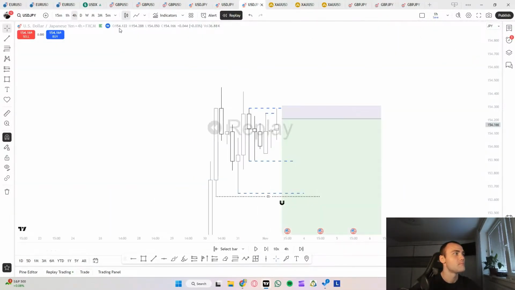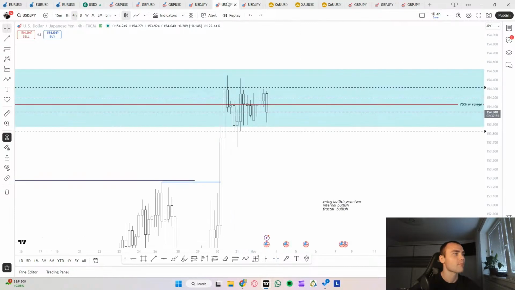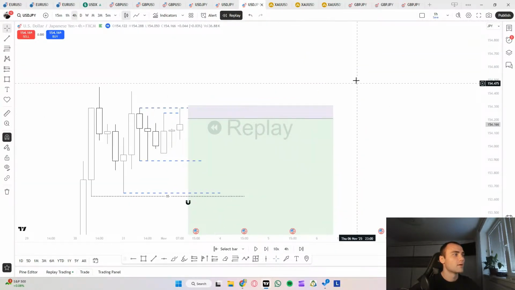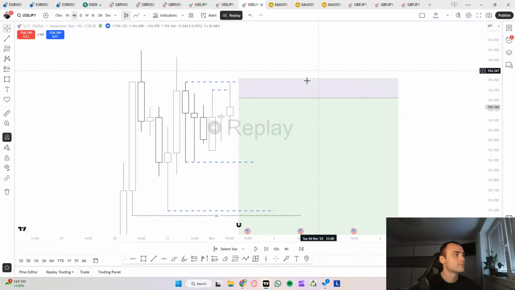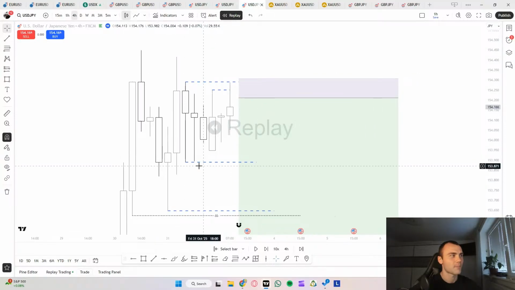So this was our range, and inside this range we got another range.